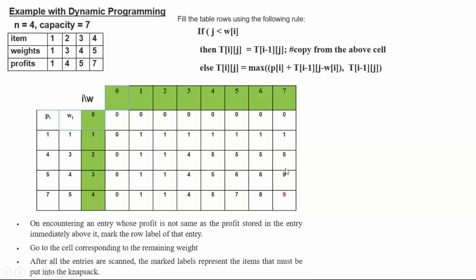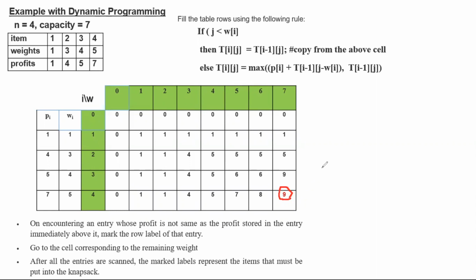For the last cell, here it is 9, but here also, if we pick item 4 with weight 5, we have 2 remaining kg. So we go to 2, the value is 1. So 7 plus 1 is 8. 9 is larger. So here now is our maximum profit.